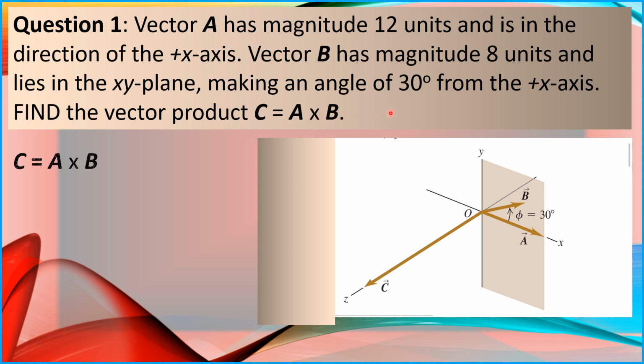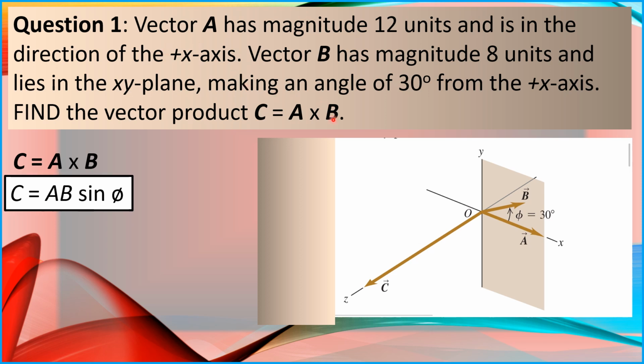So, what is our formula to determine this vector product or cross product? The formula is C is equal to AB sine of the angle phi. You may notice that the quantities A, C, and B are in bold capital letters.